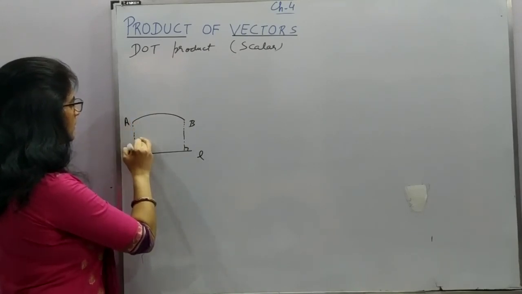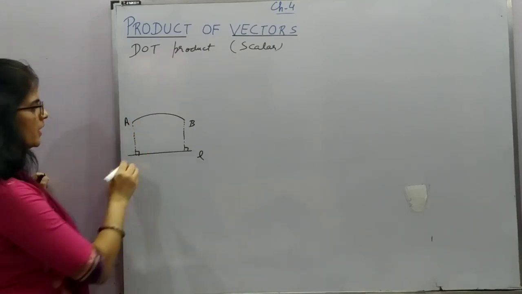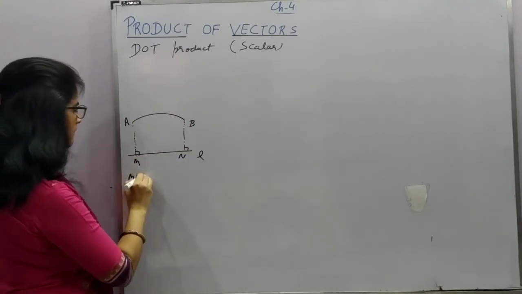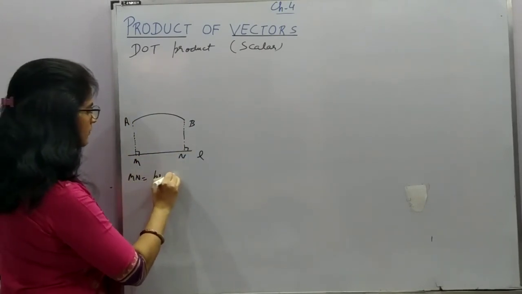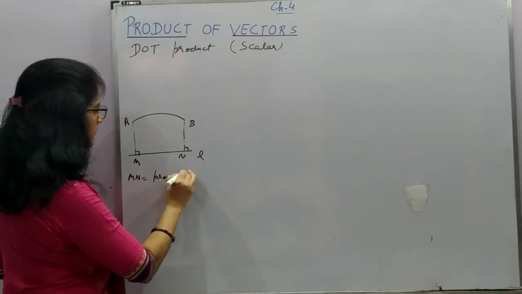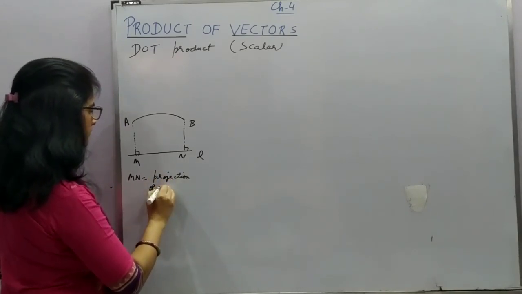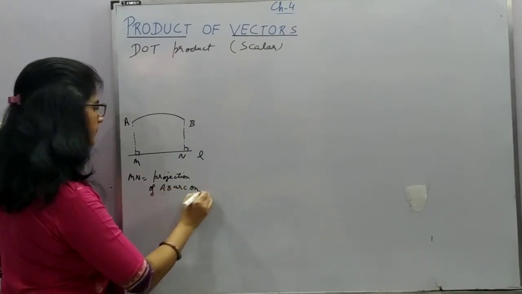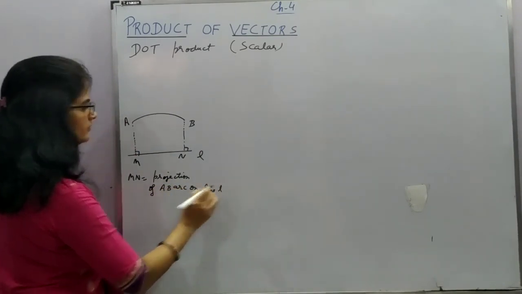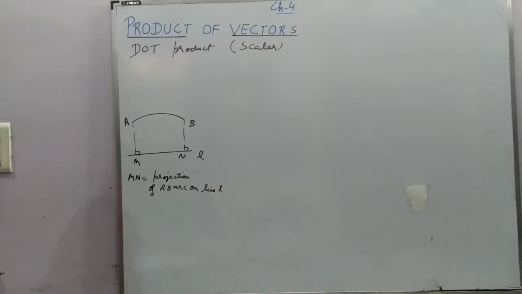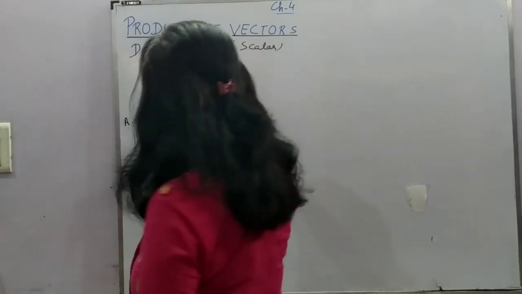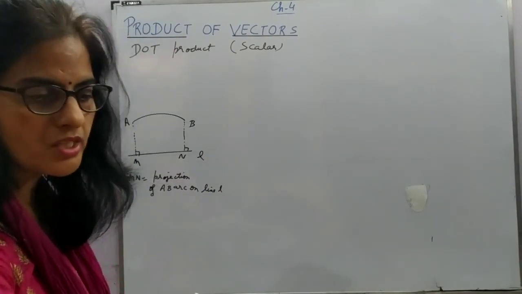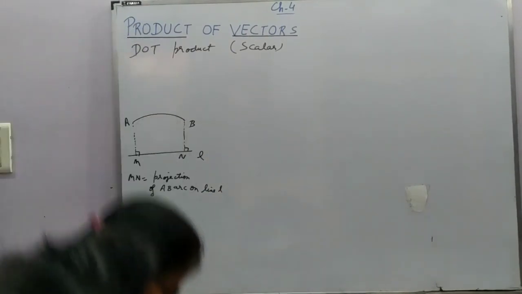We drop a perpendicular here, and this MN is the projection of arc AB on line L.